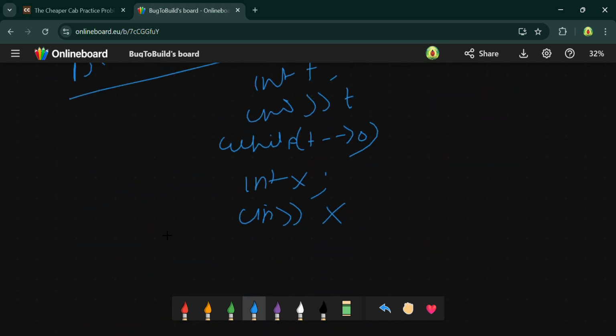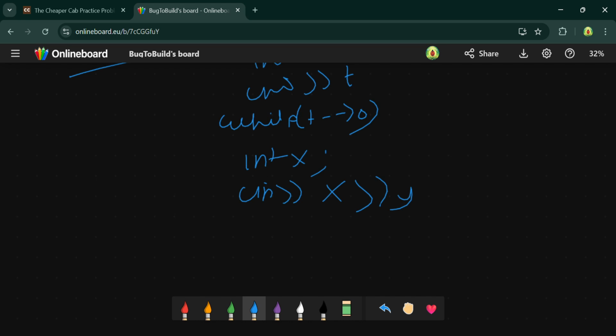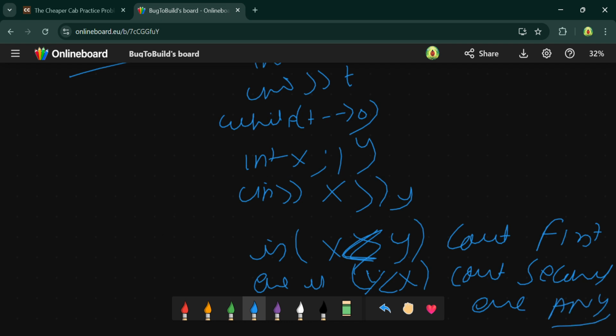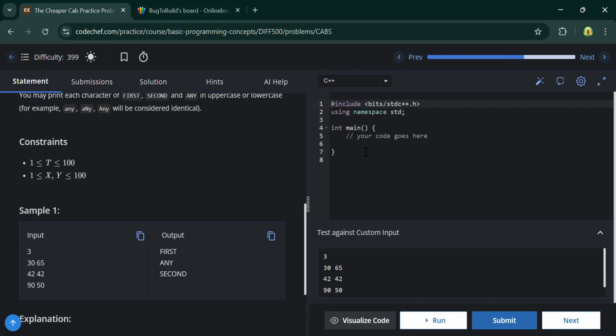After taking the input x and y, you have to check if x is less than y, then you just have to do cout first. Else if y is less than x, then you just have to do cout second. Else you have to cout any.